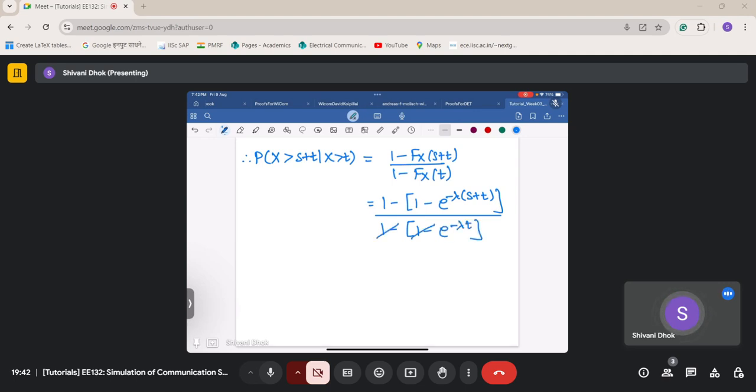So this one gets cancelled, this also gets cancelled, and what we are left with is e power minus lambda s plus t divided by e power minus lambda t, which I can write as e power minus lambda s into e power minus lambda t upon e power minus lambda t. This gets cancelled, and what we are left with is simply e power minus lambda s. So again, what we have obtained here is something nice.